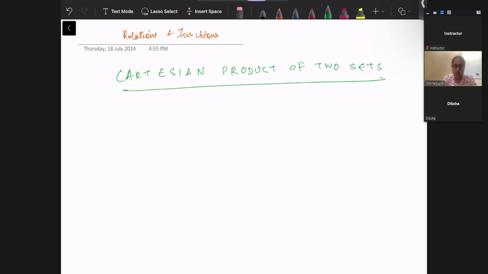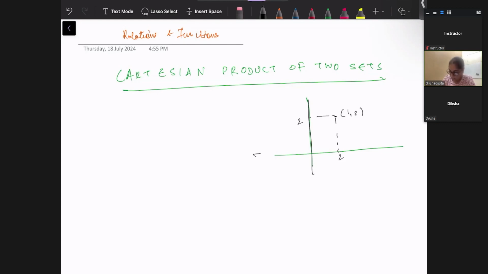I think you have already studied graphs in maybe ninth or 10th standard. So what you do is you plot, say, this point which is 1 and this is 2. So this is 1 comma 2, right?